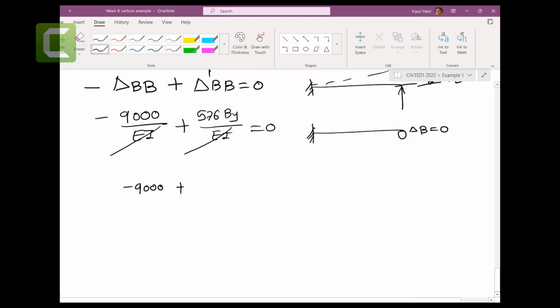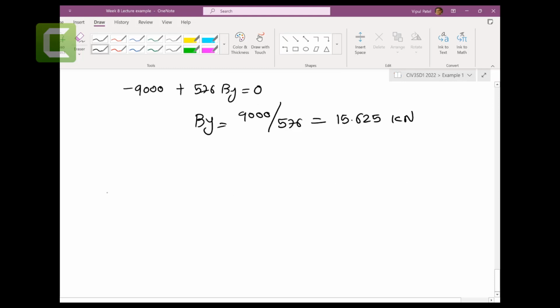You get 9,000 plus 576 By, so By equals 9,000 positive over 576. So 9,000 over 576, you get 15.625 kilonewtons, right? So this is job done now.